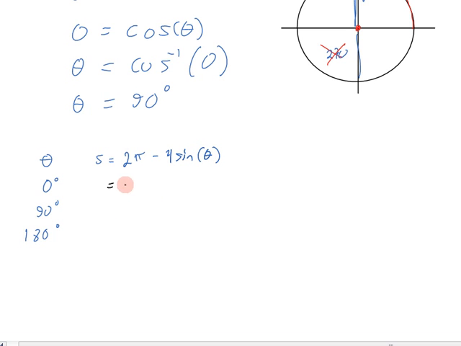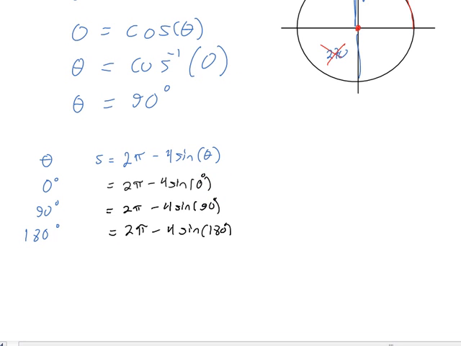If I plug in 0, I get 2 pi, take 4 sine of 0. If I plug in 90, I get 2 pi, take 4 sine of 90. And if I plug in 180, I get 2 pi, take 4 sine of 180 degrees.